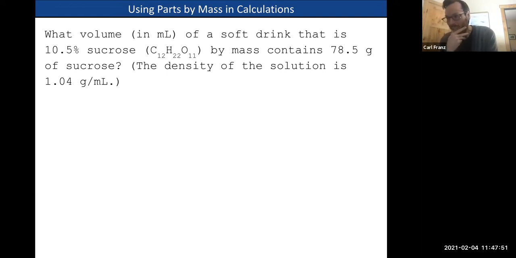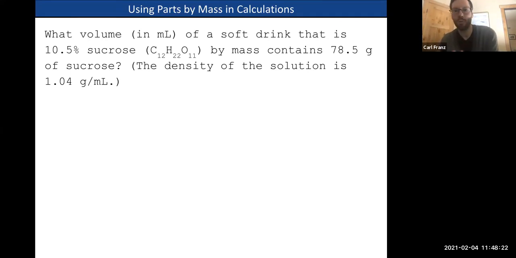Well, for this, what we can do is we can very simply just designate a certain amount to get our percentage, okay? So we're saying it's 10.5% sucrose, and we want to essentially get that into a non-percent form. So we could say that let's just assume that we have 100 grams of the solution.